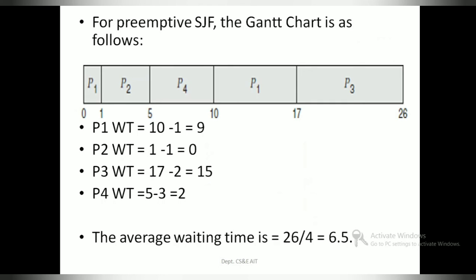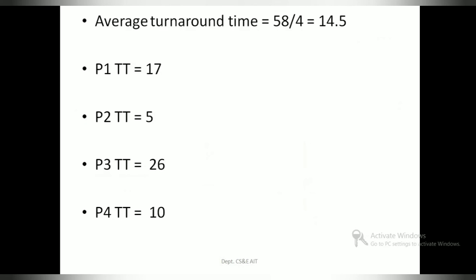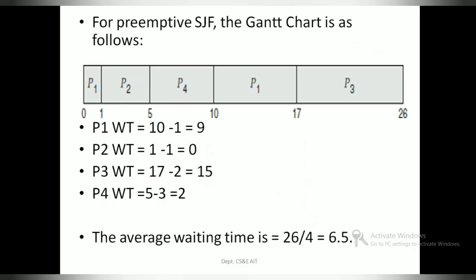In your shortest remaining time first, what are you expected to do? You are expected to calculate the average waiting time and the average turnaround time. So what is the data structure, what is the logic, or what are the calculations you are expected to do to design your program?